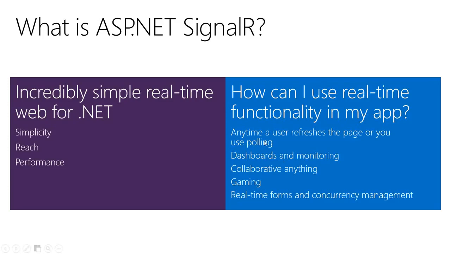If you think about all of these things over here that it talks about, they're really cool: dashboards and monitoring. Normally in a browser-server application, you have to hit refresh, right? So if I have a dashboard and I want to see what's happening with my system, I have to hit refresh to get all the updates. Well, in this case, if you're using SignalR, the server can actually send out events or update the dashboard independently of me hitting refresh, so that I always have live data streaming in to my dashboard, which is huge.